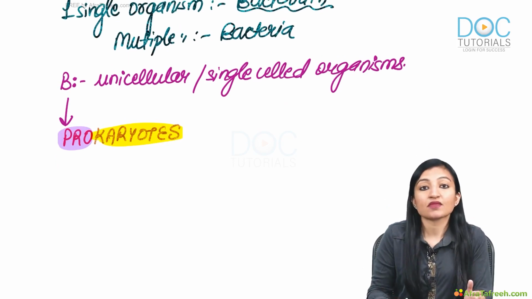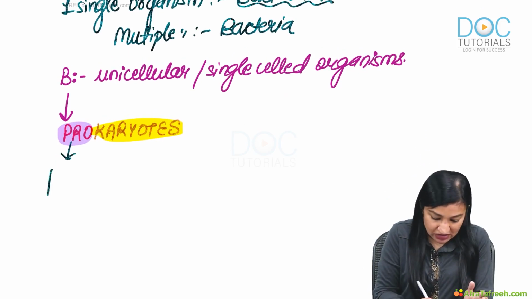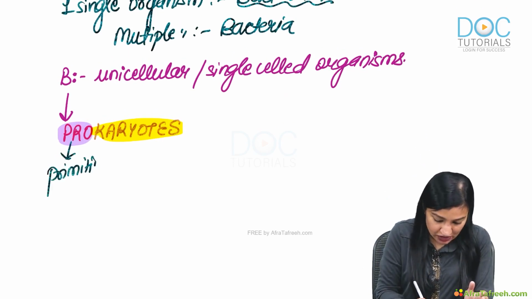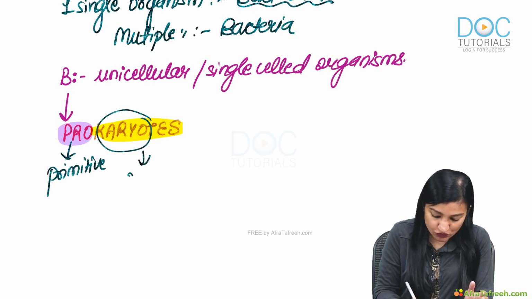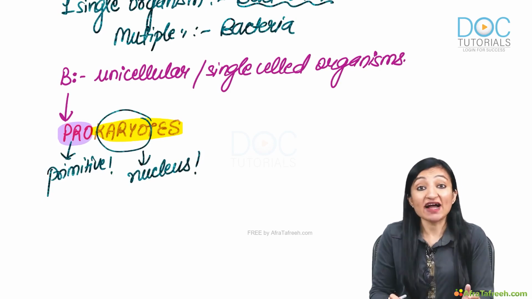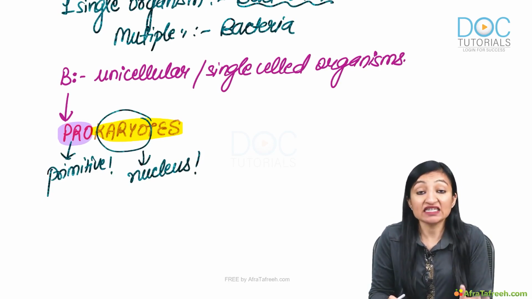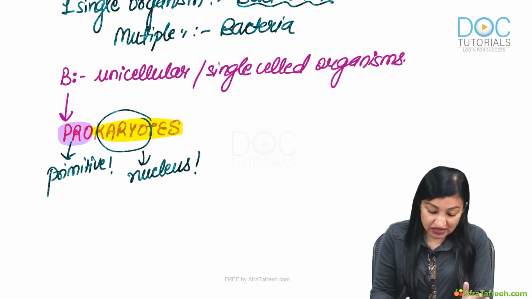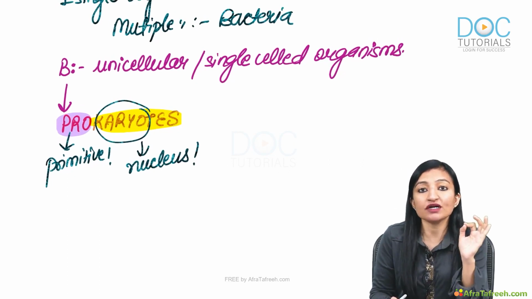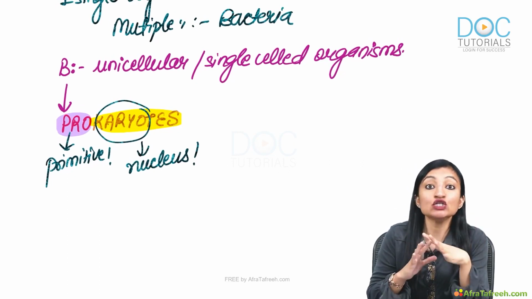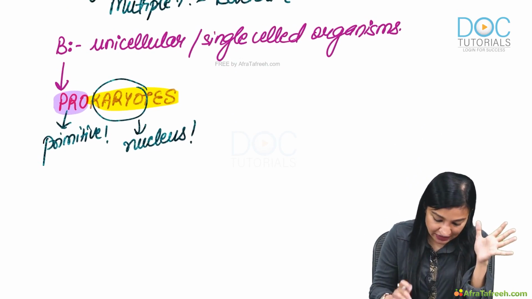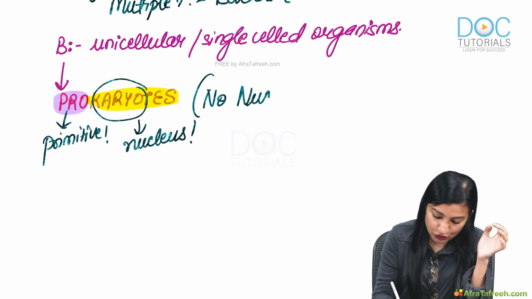Prokaryotes: pro means primitive or old, and the term karyon means nucleus. Do bacteria have a nucleus? No. Bacteria do not have a nucleus. Instead, they have what is known as a nucleoid. So prokaryotes have no nucleus.